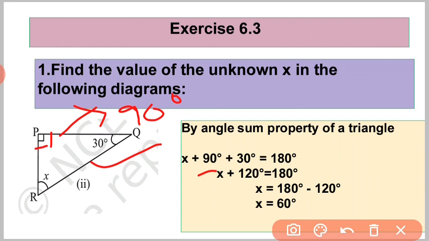X plus 90 degree plus 30 degree is equal to 180 degree. X plus 120 degree is equal to 180 degree, and x is equal to 180 degree minus 120 degree, and we get the answer as 60 degree. So the value of x is 60 degree.